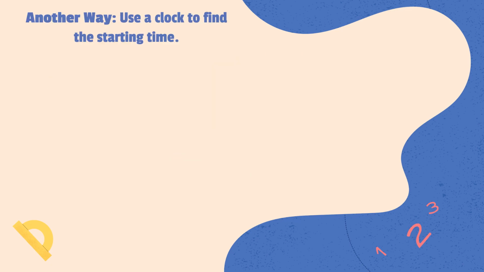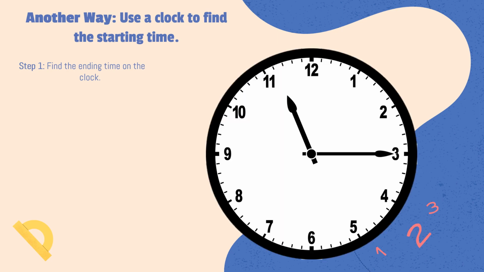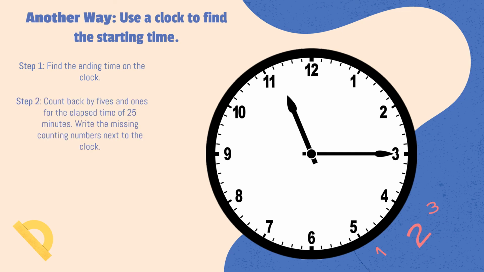So now we're going to use an analog clock to find the starting time. So as always, the first step is to find the ending time on our clock. So here we have 11:15. So we're going to count by 5 backwards until we get to 25 minutes.